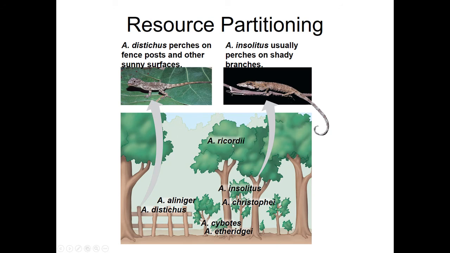So we see that its fundamental niche is potentially all of the vertical space, but it is living in its realized niche due to competition. And so this is a form of niche partitioning leading to resource partitioning so that they can coexist with each other.